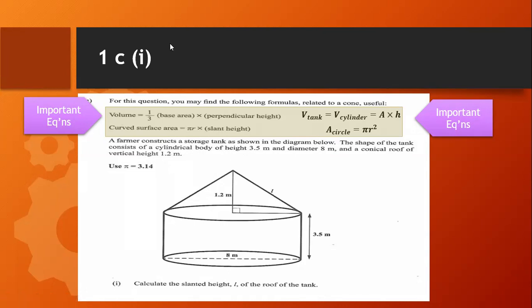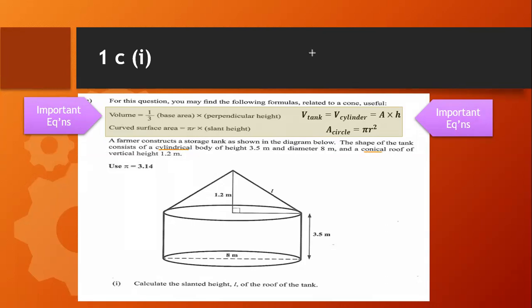Now, you see some very important clues in the words of the question. And those clues are the cylindrical body. When I say cylindrical, I'm talking about a cylinder. And then they say the conical roof. When I say conical, I'm actually talking about a cone.